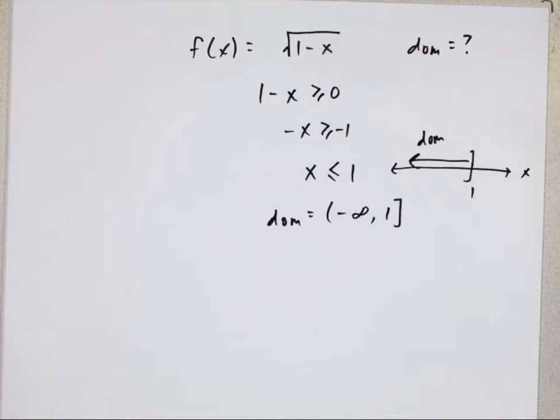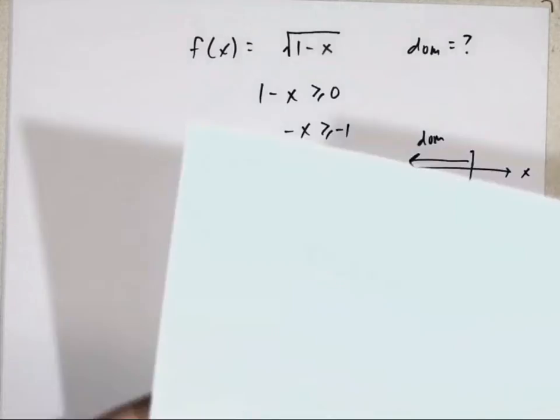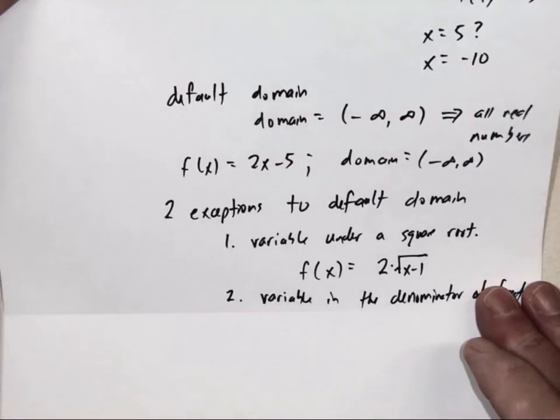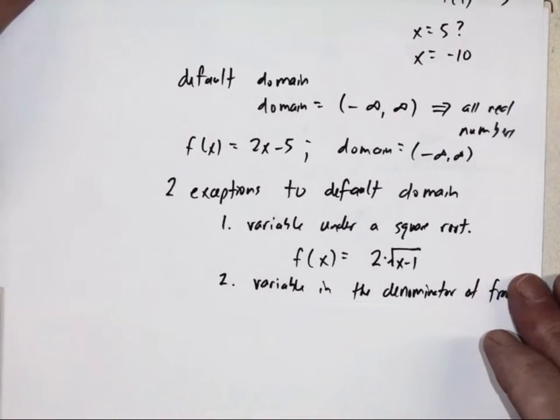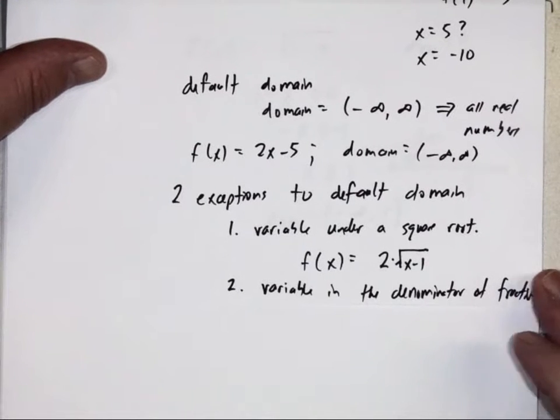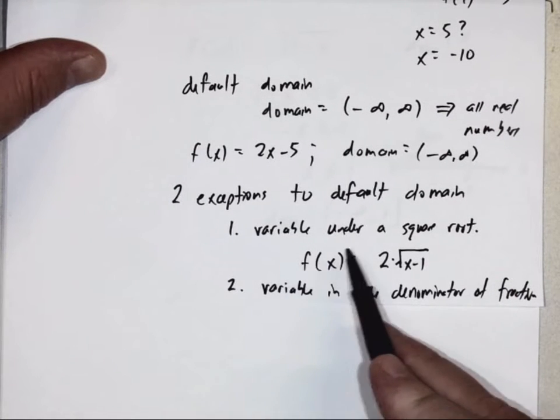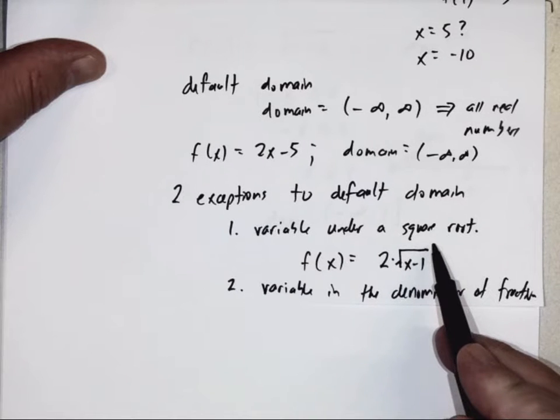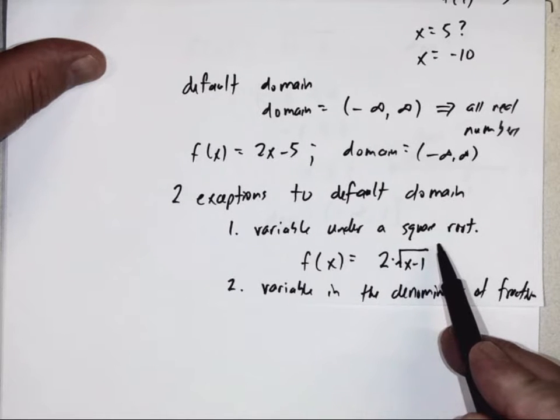All right, hopefully you get that. So this is the first exception. Way back when I said what we're going to do when we're given an equation, and to figure out the domain, we assume the domain is all real numbers, and then look to see if we have one of these exceptions. The first exception, variable under the square root. So we see how that affects the domain.